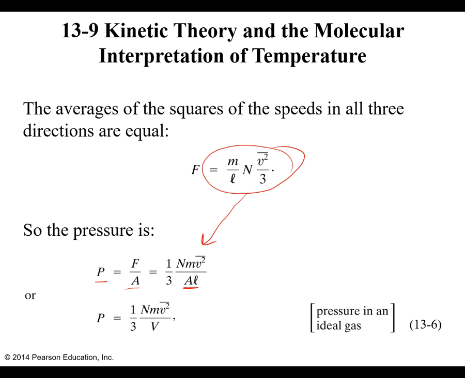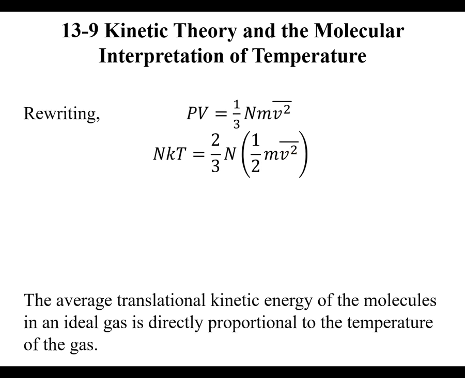Now, if we multiply on both sides by volume, we get pressure times volume equals 1/3 N m v squared. 2 things I want you to note. PV should look familiar. Ideal gas law, so let's replace that with NkT. We want to deal with this version of the ideal gas law since we're dealing with capital N over here. The other thing I want you to notice is this mv squared.